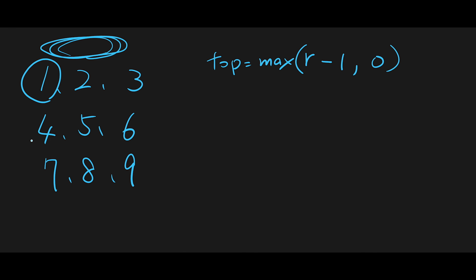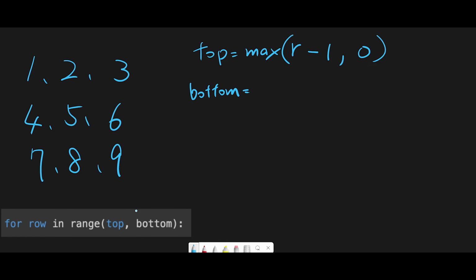And what if we are at 1, 0 here? In that case, the current row is 1, so minus 1 is 0, versus 0, so we take 0. Wait, the row is there, so it's easy.